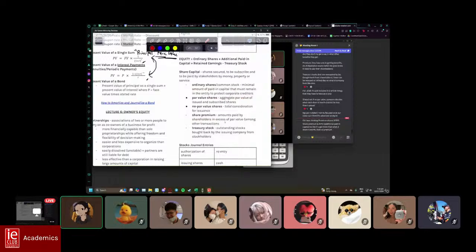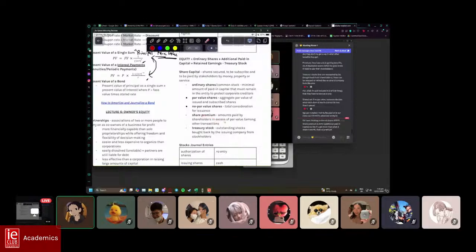There's no actual guarantee they'll get this money back, but they think they'll make money off paying more than par value. That's why it's called premium: amounts paid in excess of par value. If I'm not mistaken, when you buy a no par value share, all of that money goes to share premium since there is no par value.